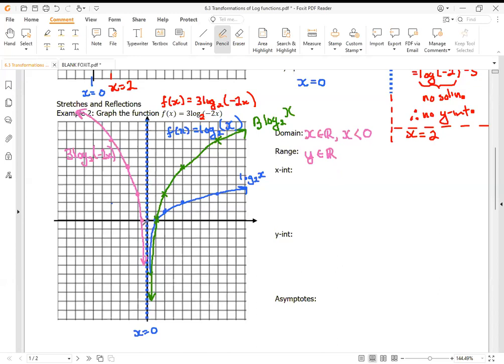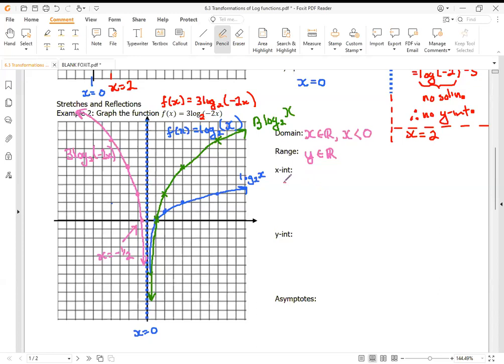X-intercept, I could calculate it, but this time around, I'm just going to use my graph. Based on my graph, remember, I had to take a 1 divided by a 2. That x value is negative half. Would you like me to calculate it algebraically? Would it help? No? We're okay?